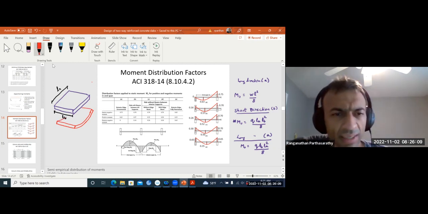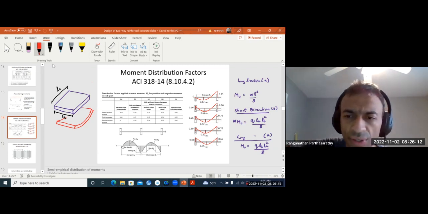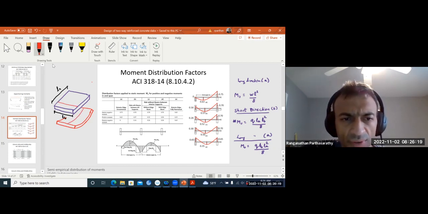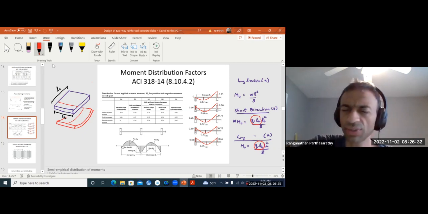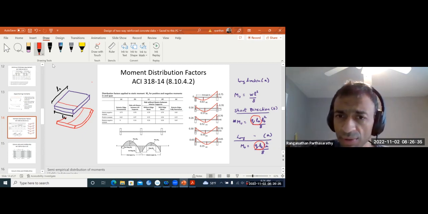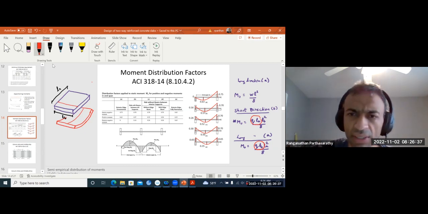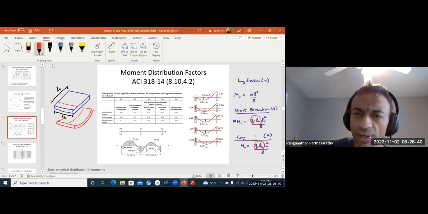If you're bending that way, then your Q is the area load, and this is your width. So if you convert it to a line load, you will multiply by the width in the other perpendicular direction. So this multiplication is just to convert the Q to a W. Okay, so that's how you will get M naught for bending in that particular direction. And then you will get the positive and negative moments using these moment distribution factors.